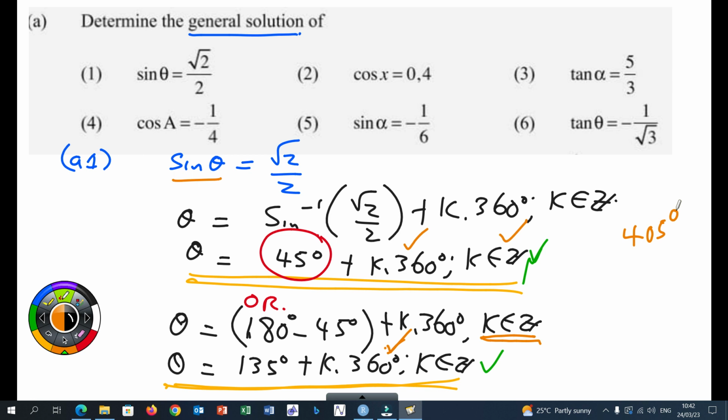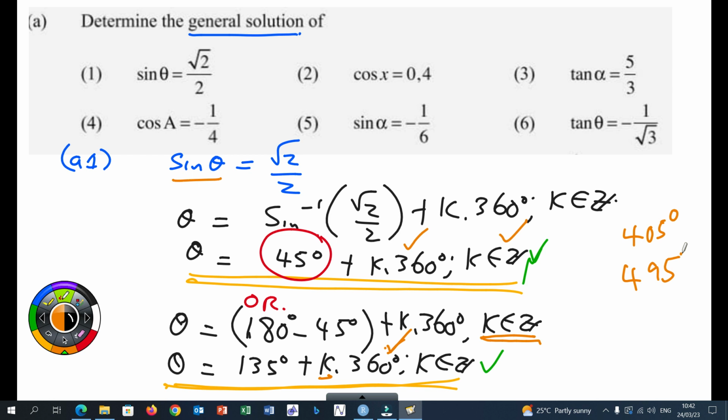The second one, if I put k equal to 1 here, 1 times 360, 360 plus 135, I'll get 495. Now, test with your calculator: sine 405 should give you root 2 over 2. Do it. Don't be a spectator. Sine 405, root 2 over 2. Sine 495, you get root 2 over 2.